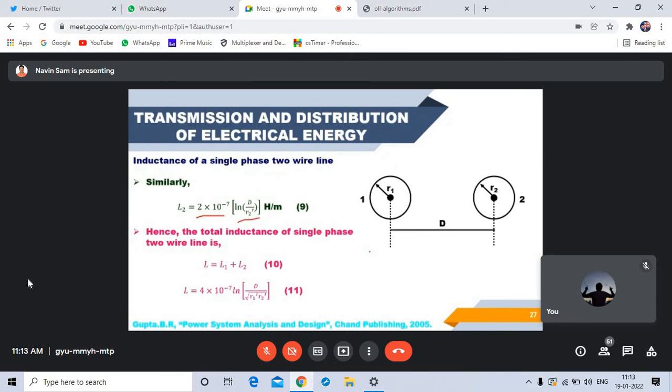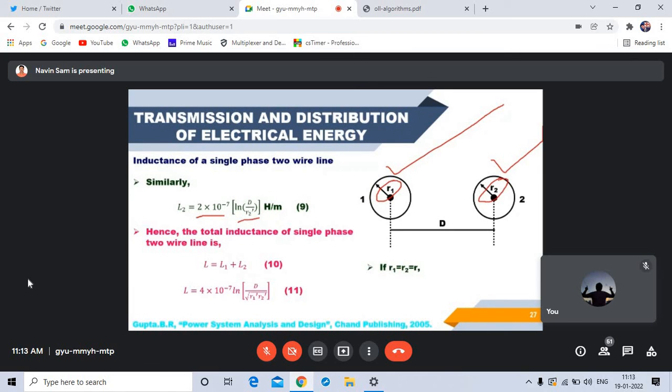Right. Now, inductance we have estimated. Generally, we have considered two different conductors. Am I correct? Conductor number 1 and conductor number 2. Generally, these conductors will be similar. Same conductors we generally go ahead with. That means R1 will be equal to R2.